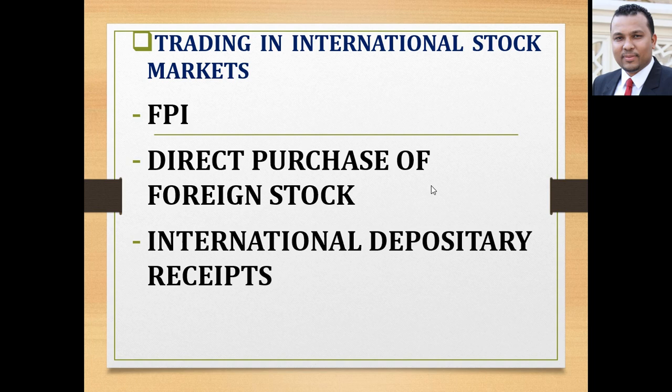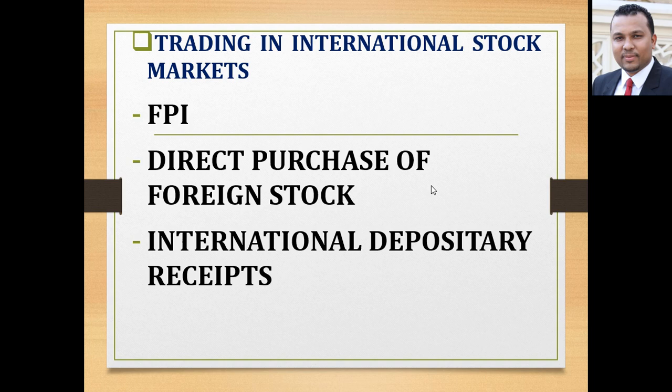International depository receipts, IDR, is a general term given to any financial instrument issued by a bank to represent a foreign company's publicly traded stocks. For example, an IDR traded in Germany will represent the stock of non-German companies.